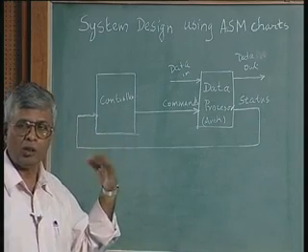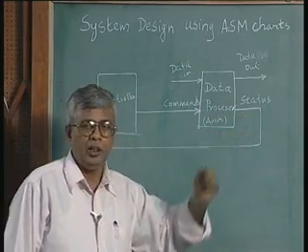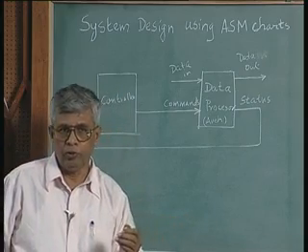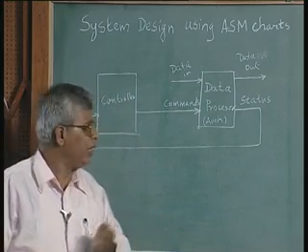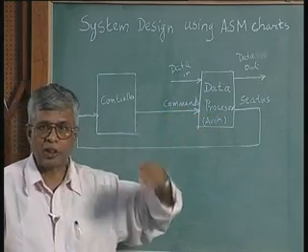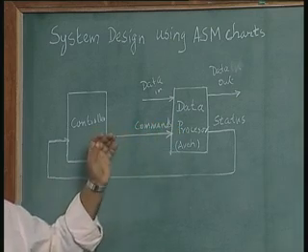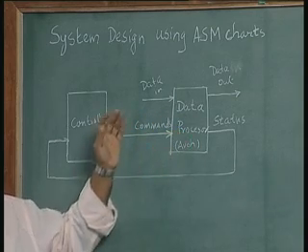Likewise, the controller also may have to receive some signals in addition to the status signal. When do you know, when do you start the multiplication? The controller gives the command signal for step by step execution. It tells you when to load a particular register, when to load the second register, when to put the result back.